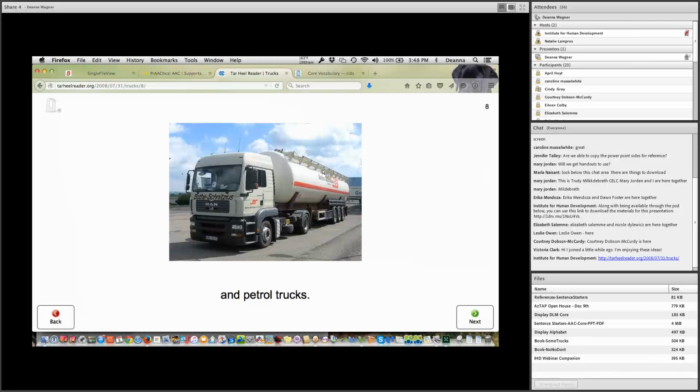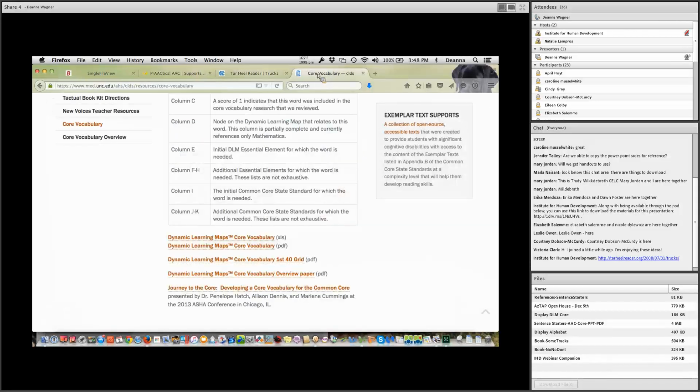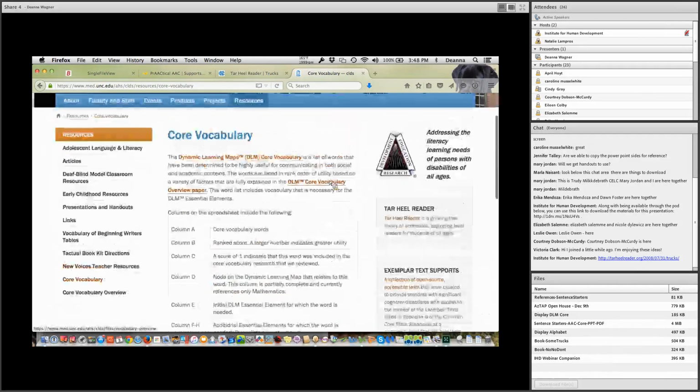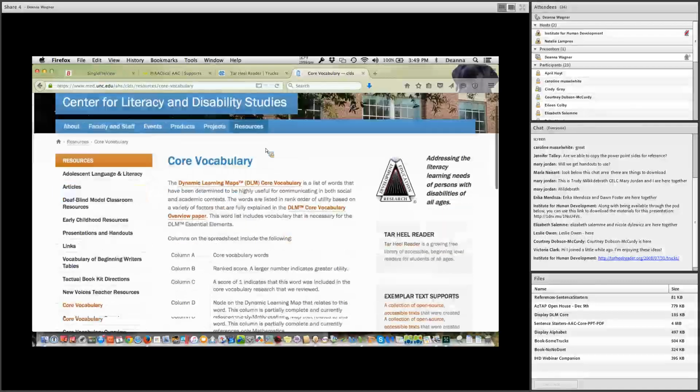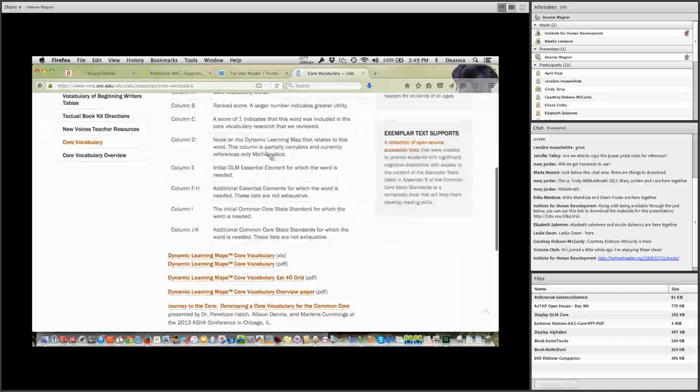While I'm showing my screen, I just wanted to show you what the VLM website looks like. So we're on the Center for Literacy and Disability Studies. We're looking under Core Vocabulary, and then we can see the dynamic learning maps.